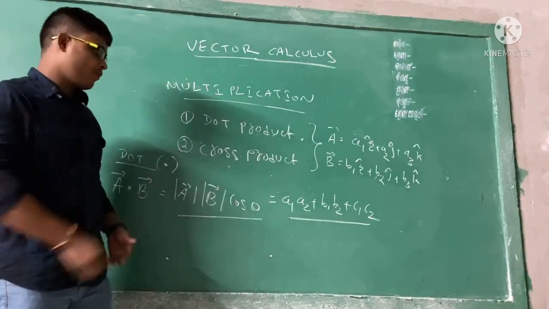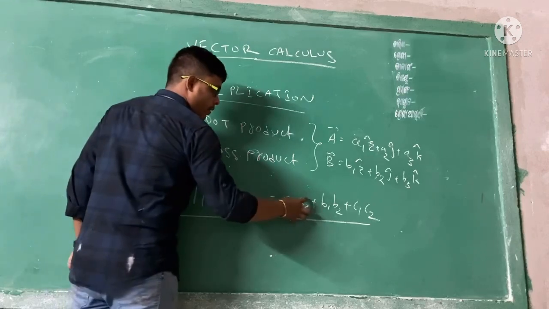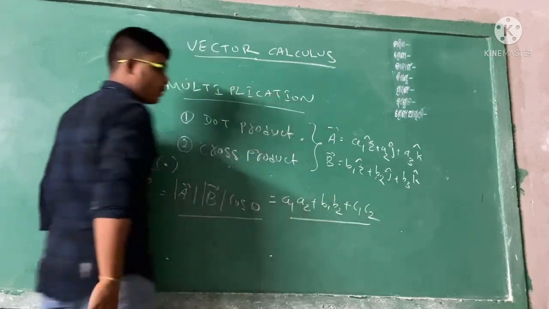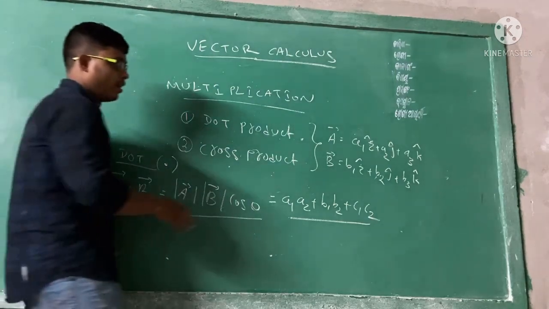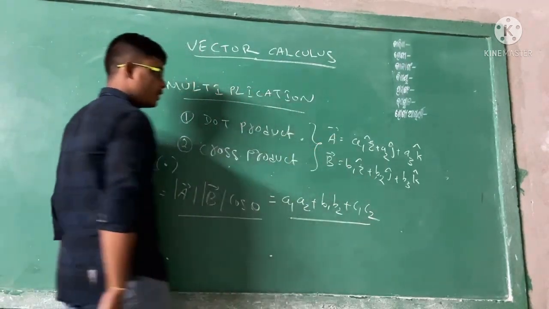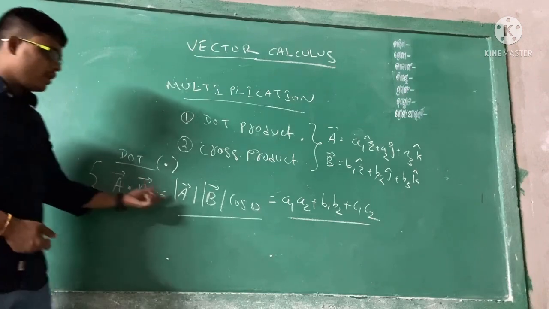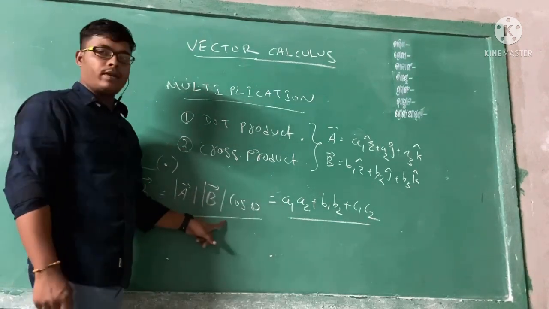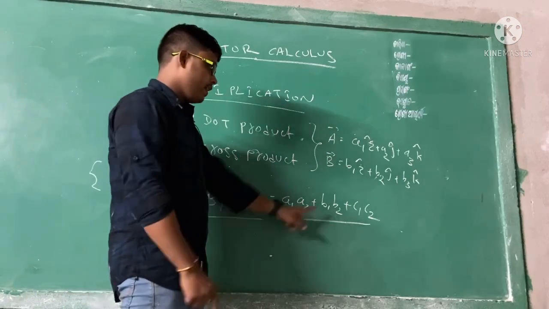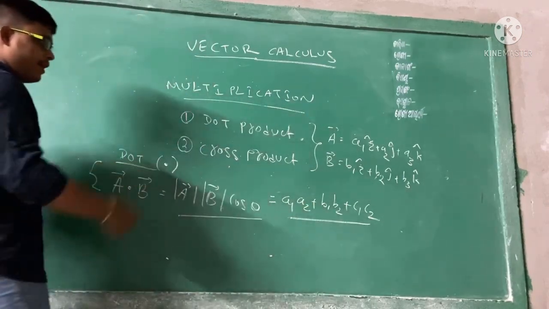So you only multiply the coefficients and put a plus sign between them. So you have two formulas: a magnitude b magnitude cos theta, and a1 b1 plus a2 b2 plus a3 b3, which is another simple formula.